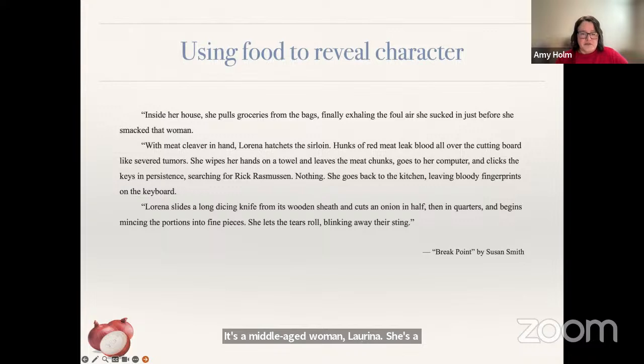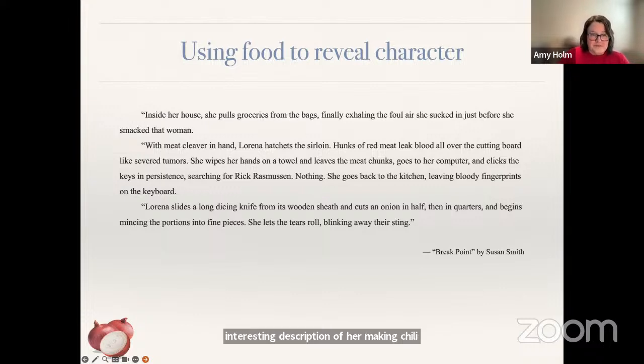She has been through a lot. Her life maybe didn't turn out just how she hoped it would. And in this scene, she is kind of in the midst of wanting to go and visit her first love again and maybe see if there's anything left there. And it doesn't go very well. So we have a really interesting description of her making chili.